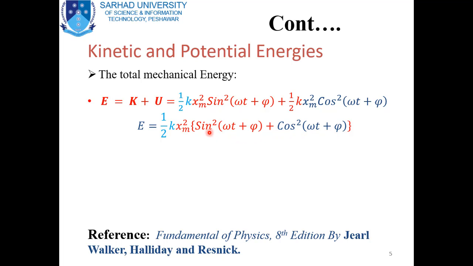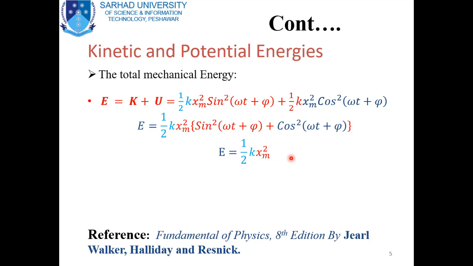And from the trigonometric identity, the sum sin square(omega t plus phi) plus cos square(omega t plus phi) is equal to 1, and our total energy will be equal to half k xm square, where k is the spring constant and xm is the maximum displacement, which is known as the amplitude.